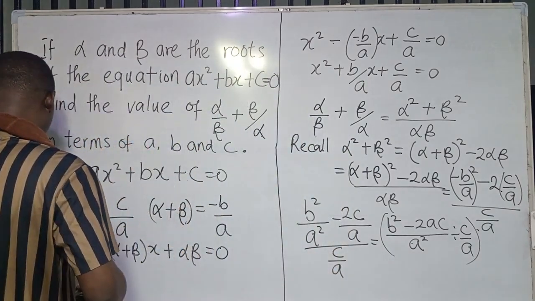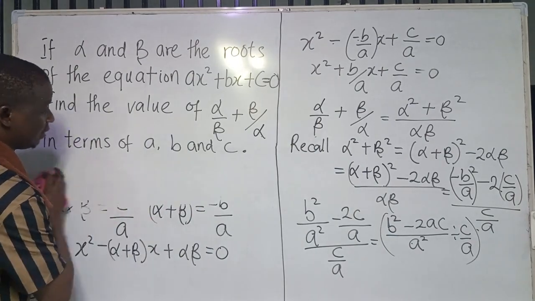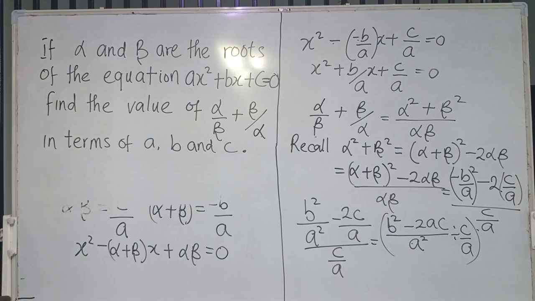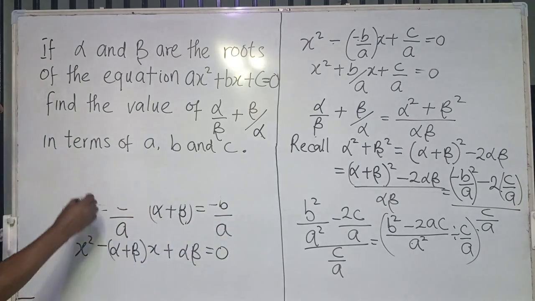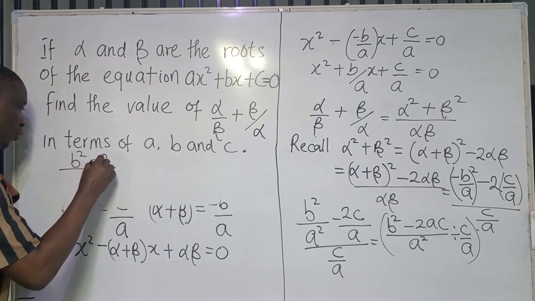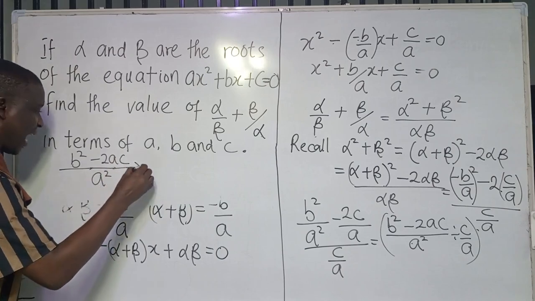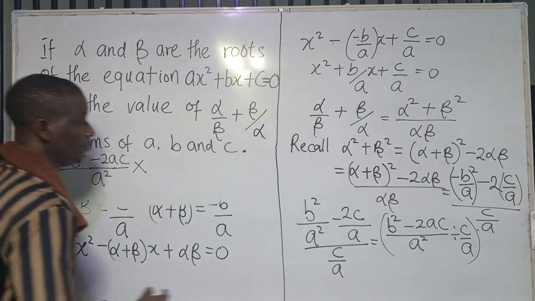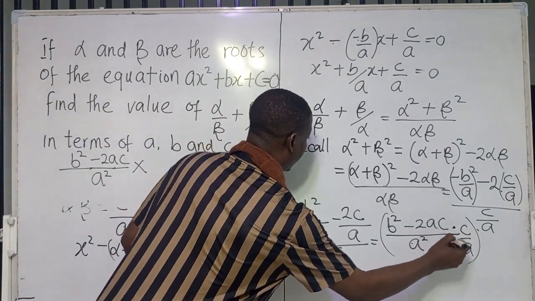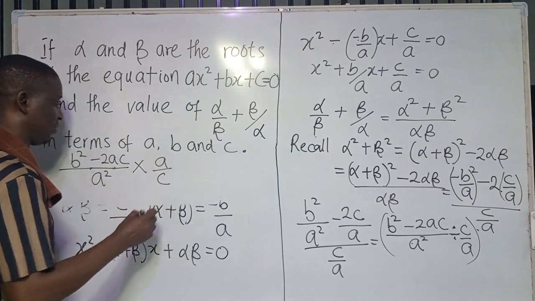Now, to get our accurate answer, let us simplify that one. So now we have b squared minus 2ac, divided by a squared, times, to change the division to multiplication, a over c.